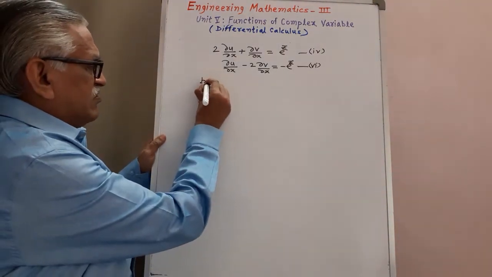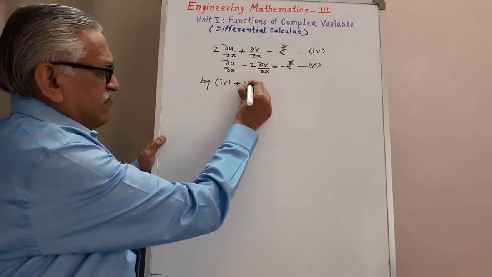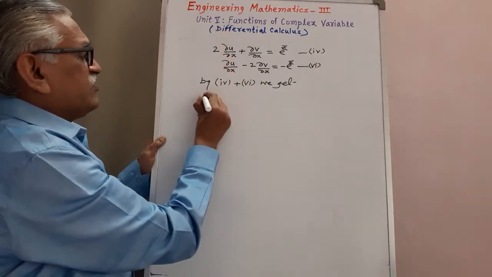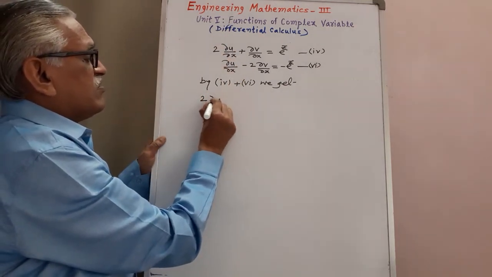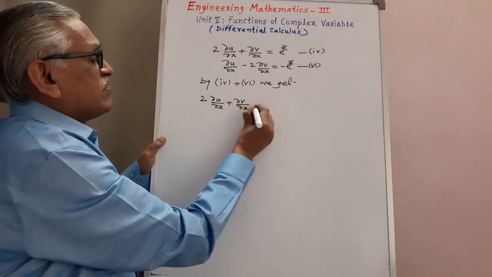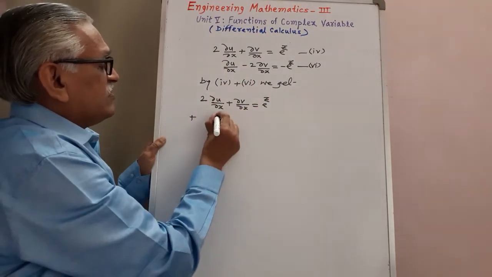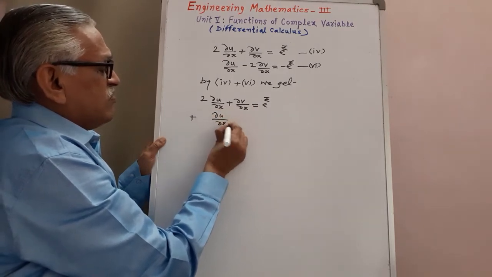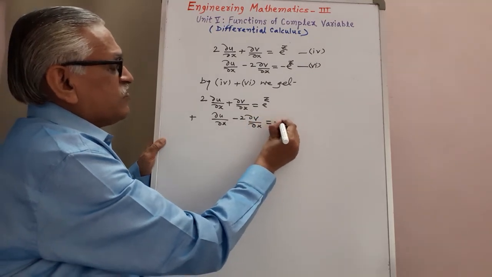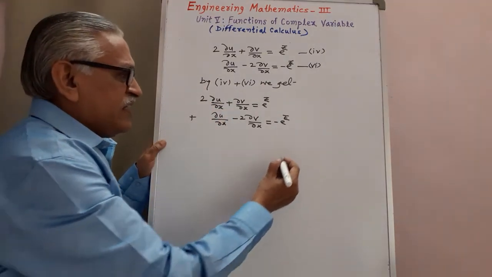First, adding 4 and 6, we get, therefore it is 2 times dou u by dou x plus dou v by dou x is equals to e raised to z, and in that we have to add this dou u by dou x minus 2 times dou v by dou x is equals to minus e raised to z. Solving these two equations simultaneously by elimination technique.